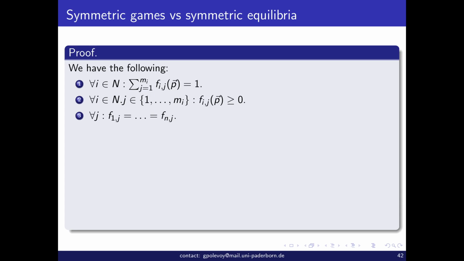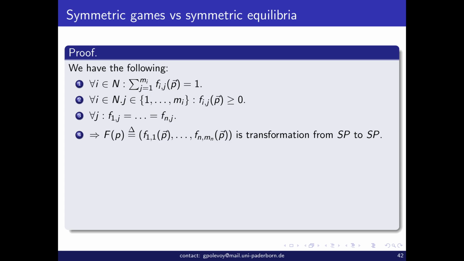For every i, the sum of F_ij over all j's is 1, and the F_ij's are all non-negative, so F_i goes to delta S. We also proved that for every j, F_1j is equal to F_2j is equal to, up to, F_nj. So that goes to SP, not only to delta S but to SP, the symmetric subset.